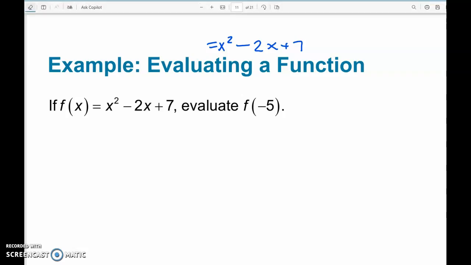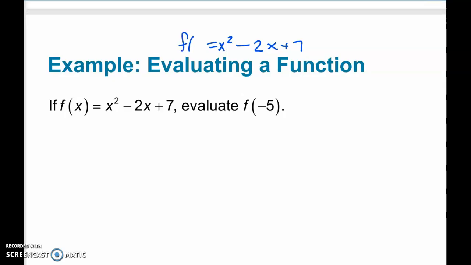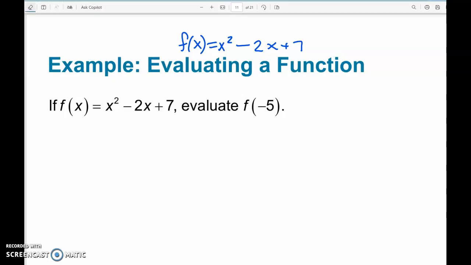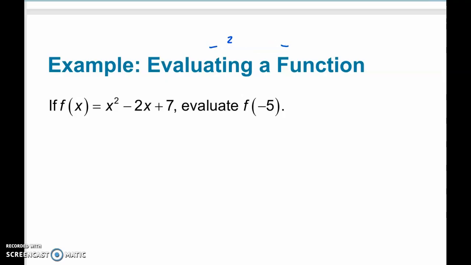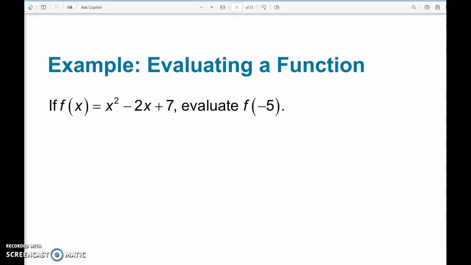Because this equation fits the definition that we talked about, the y can be replaced with this function notation f of x. It is the same thing as if you had the output of y. It's just the way to represent a function. And the problem asks us to evaluate f at -5.